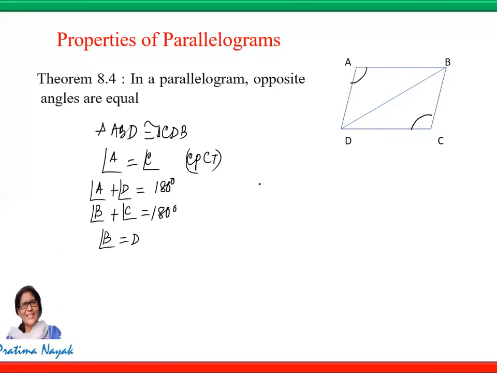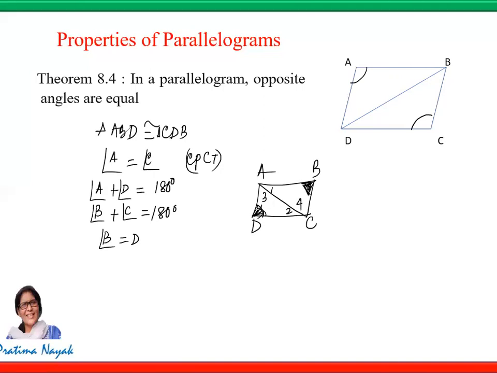Or I can take another way, the same here, AB, CD. I'll join the diagonal AC and prove the congruent triangles. Then I can prove that angle B is equal to angle D by CPCT.